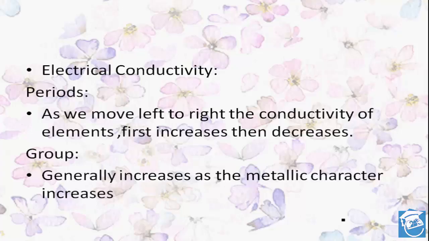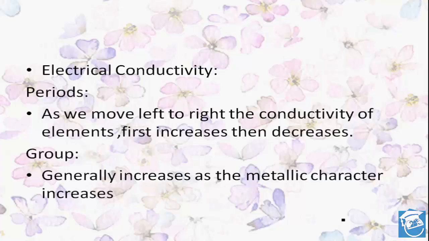For example, if we talk about the periods, why it happens. Let's talk about the third period, where sodium, magnesium and aluminum are all metals and they have metallic bonding, in which positive metal ions are attached to delocalized electrons, and these electrons are free to move and carry charge.